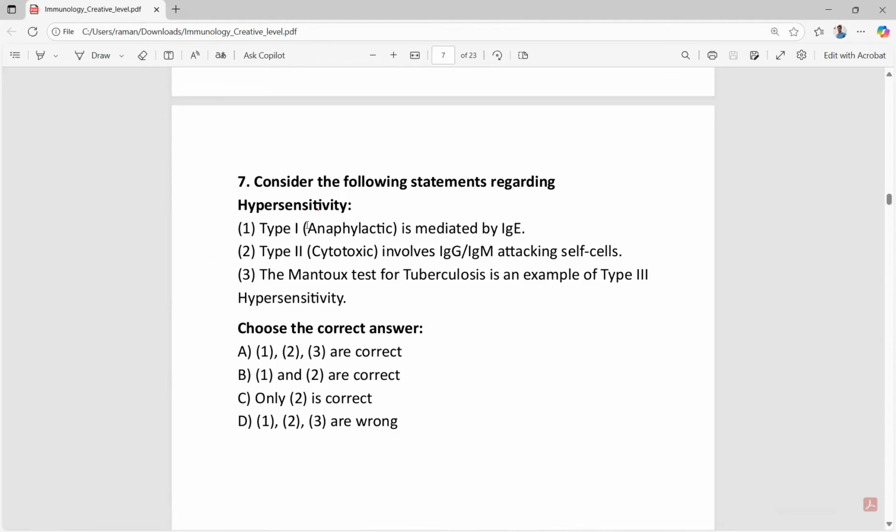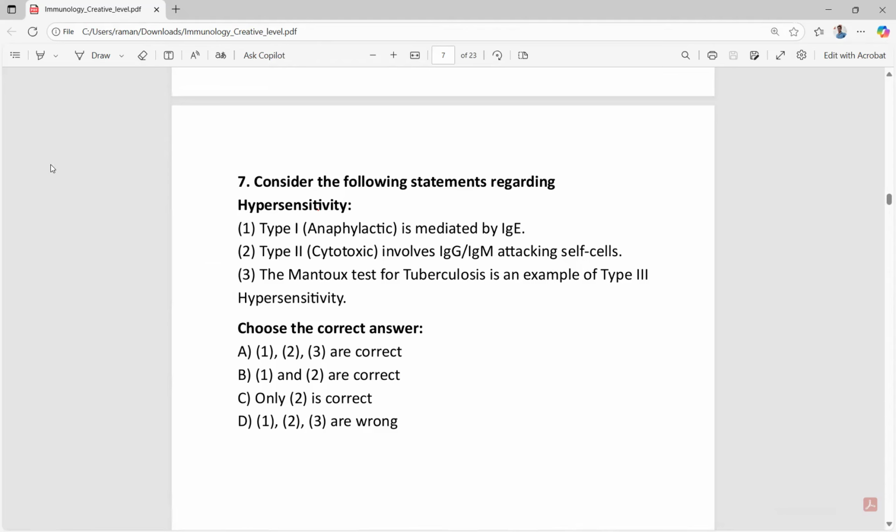Okay. Type 2 cytotoxic involves IgM attacking cells. This is the right answer. The Mantoux test for tuberculosis is an example of type 3 hypersensitivity. No, this is wrong.